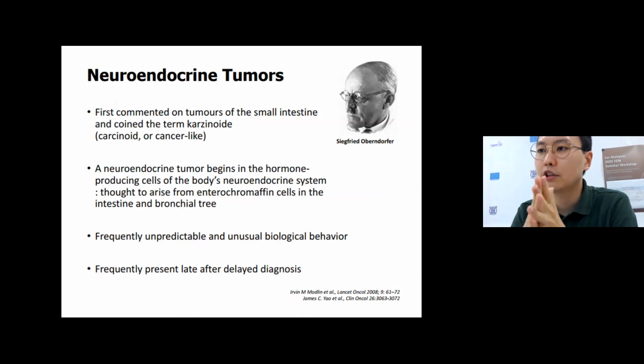A neuroendocrine tumor begins in the hormone-producing cells of the body's neuroendocrine system. It is thought to arise from enterochromaffin cells in the intestine or the bronchial tree. It has characteristics of frequently unpredictable and unusual biological behavior, and also frequently presents late after delayed diagnosis.